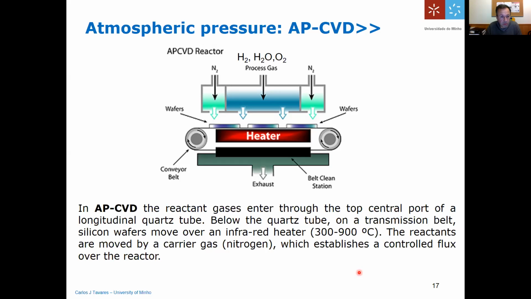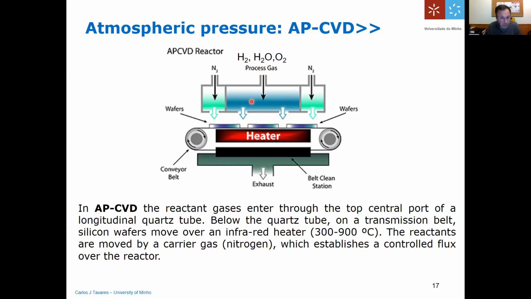So in atmospheric pressure CVD, the reacting gases enter here through the top. These are the process gases, and normally they include hydrogen, water vapor, or oxygen. And these process gases are fed through here to the substrate.